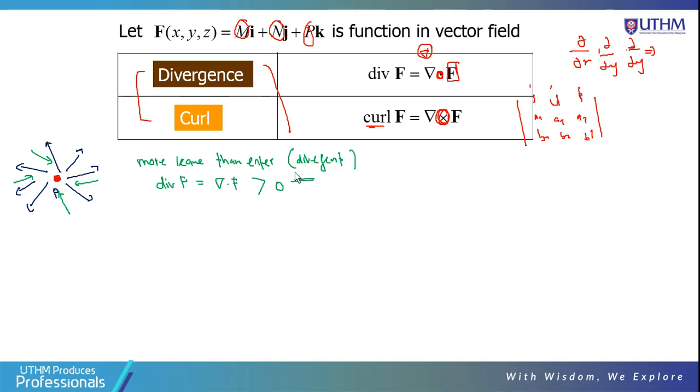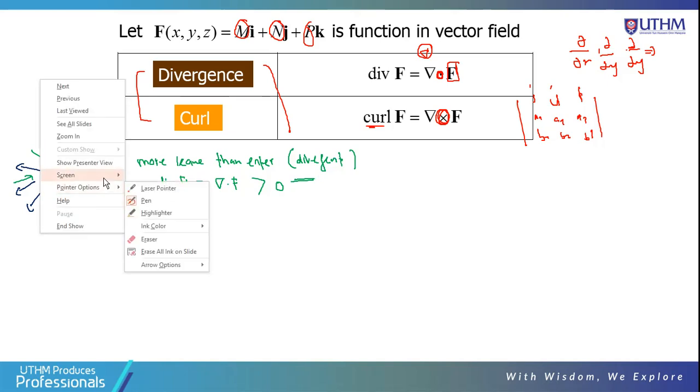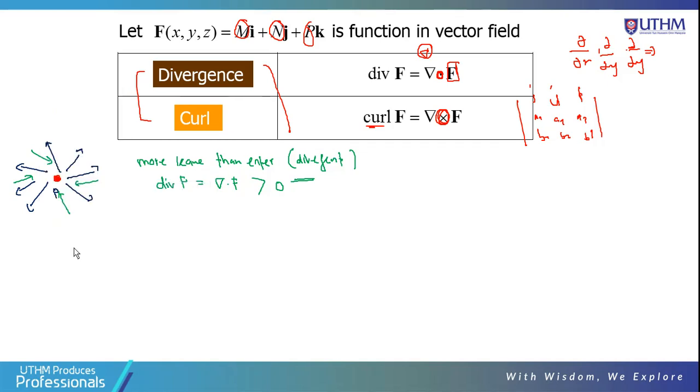Meanwhile for the curl, in this context, curl is the measurement of the rotation of the vector field. We call it the rotation of the vector field, for example like a pedal spin.